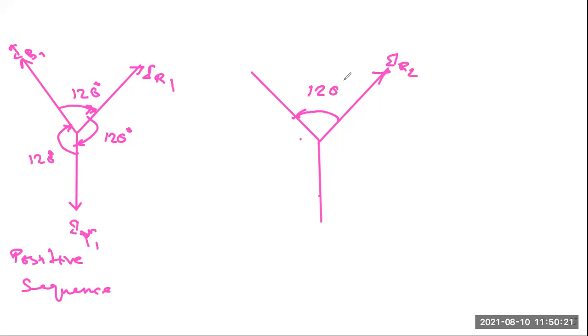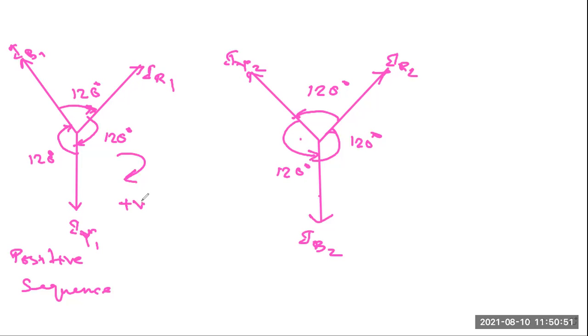That's why this is 120 degrees. See, here we were writing 1, 1, 1 because it is a positive sequence, but when we write for the negative sequence, the subscript becomes 2. So this will be your IY2 and this will be your IB2. This is 120 degrees, and this is 120 degrees. So you have to understand that here the phasor rotation is in the positive direction, and here the phasor rotation is in the negative direction.